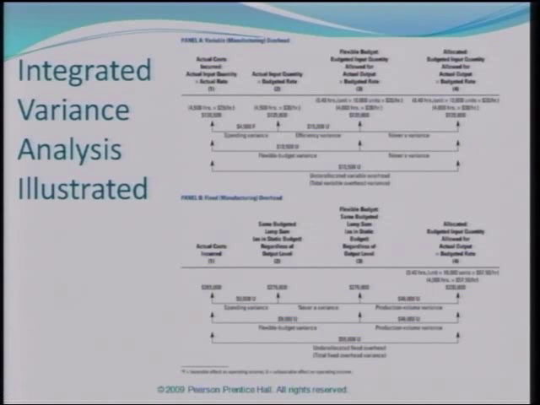Now let us consider something new, which is the production volume variance. Of course, we started our discussion the last time with the production volume variance, and we said that the production volume variance is because of not having or not producing the same output as planned.